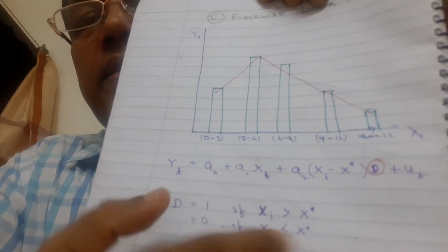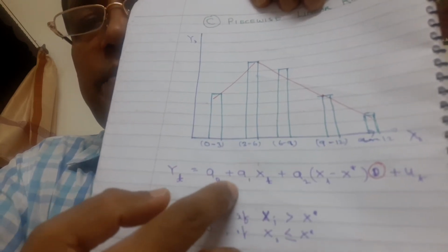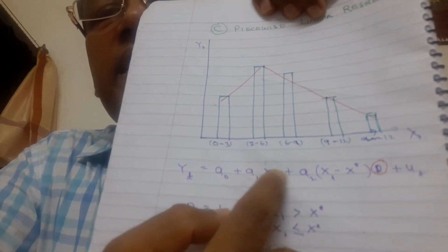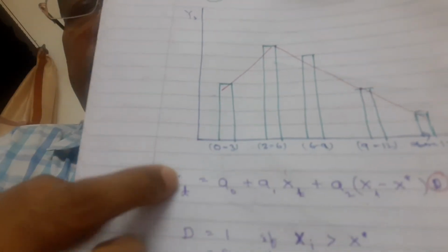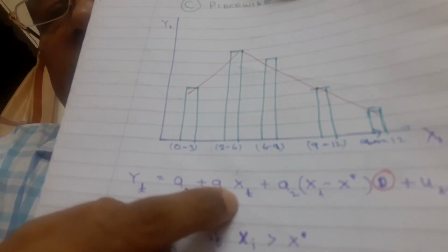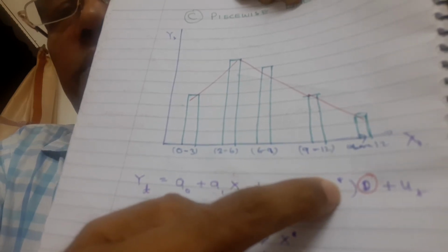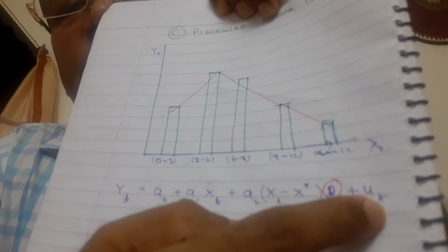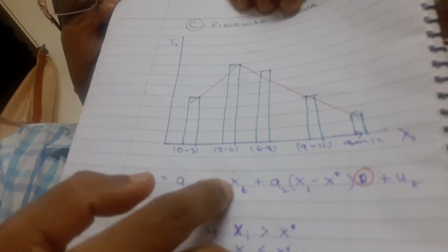For actual assessment, we can have other explanatory variables and augment the equation with inflation and x star. I'll explain. So yt may be economic growth in the year t, xt may be inflation in the year t, and x star may be that level of inflation, the threshold inflation, at which the relation changes from positive to negative. Ut is the stochastic error, and there are corresponding coefficients A0, A1, A2.